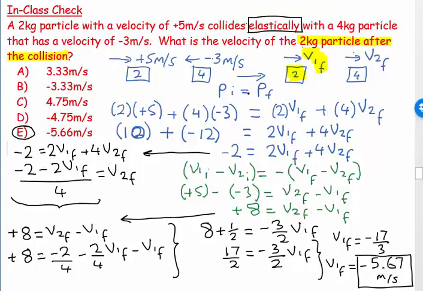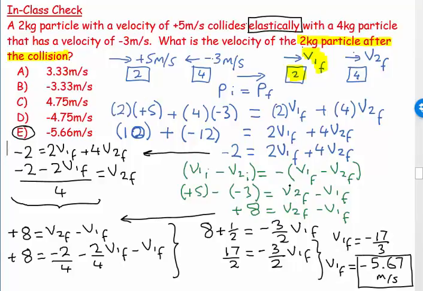You apply conservation of momentum to get your first equation. Then there's a new, not obvious equation which says the difference between the velocities before the collision is equal to the negative of the difference between the velocities after the collision. I apply that equation and I get my second equation.